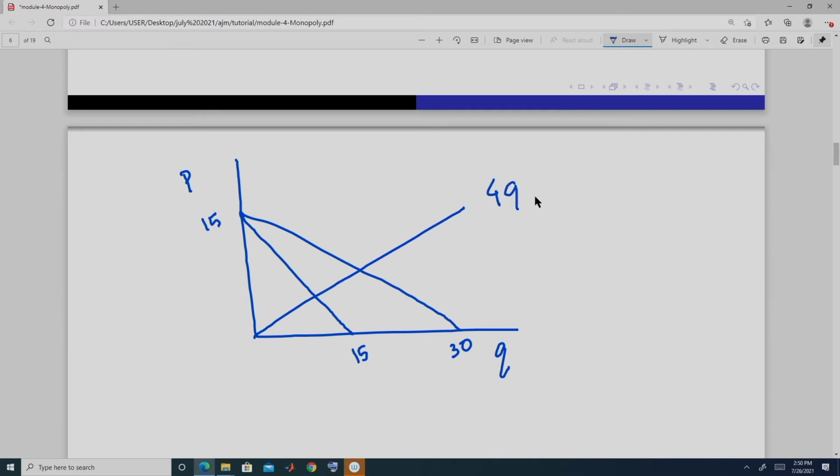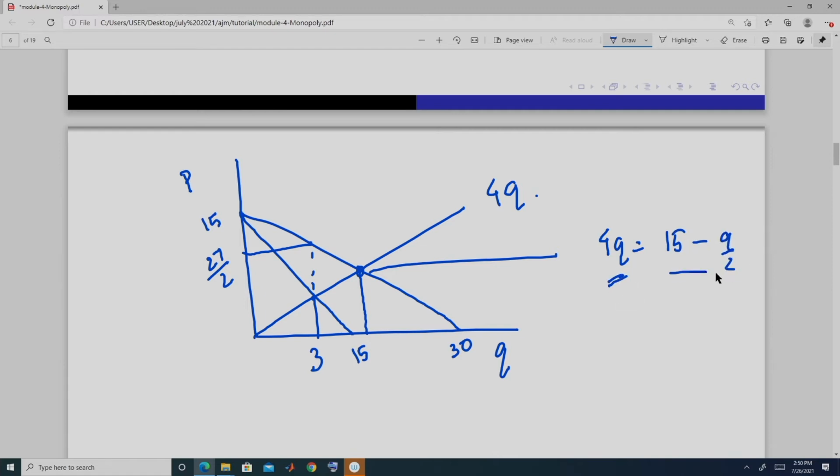Marginal cost is 4Q, this is 3, this point is 27 by 2. This point is 4Q equal to 15 by this, where marginal cost intersects the demand curve. So, MC is equal to price at this point. If you solve this, you will get this here.